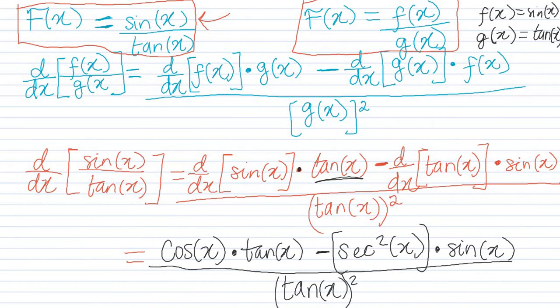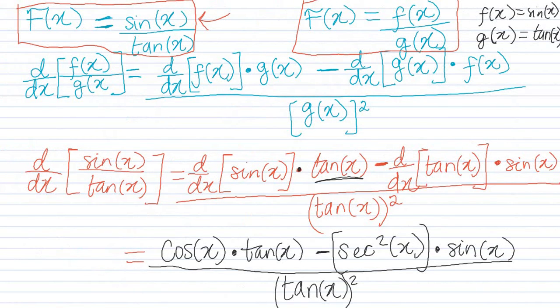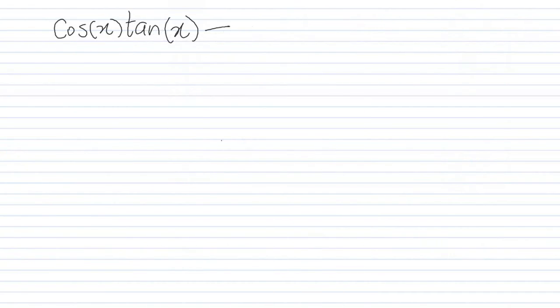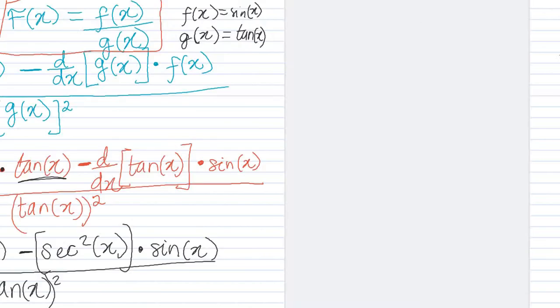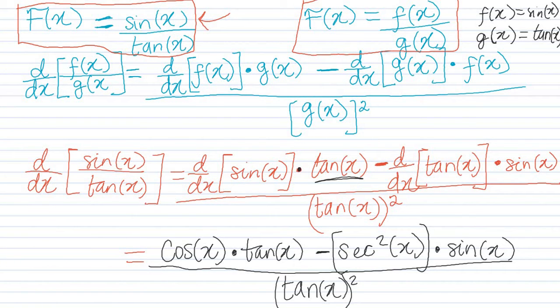So I'm going to rewrite what we have on the previous page. I'm going to put it on the new page, and then we're going to start to simplify. So what we have was cosine x multiplied by tan x minus secant squared x multiplied by sin x, all of that information divided by tan x, everything squared.